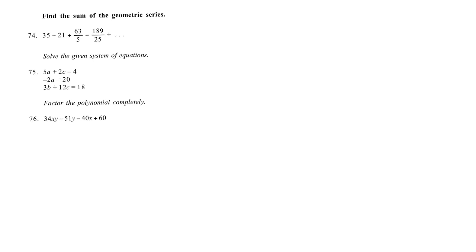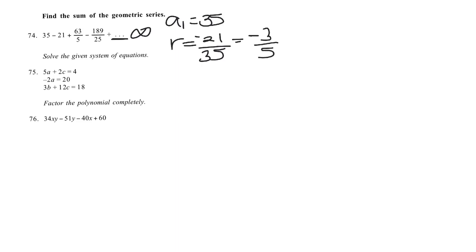Find the sum of the geometric series. This means it's infinite. a1 in this case is 35, and r is -21 divided by 35, which reduces to, I can divide those both by 7, -3/5. And so again, the formula is a1, 35, over 1 minus r, -3/5.